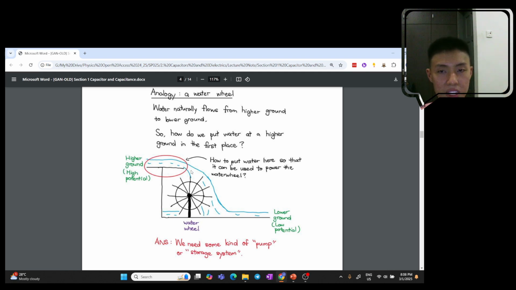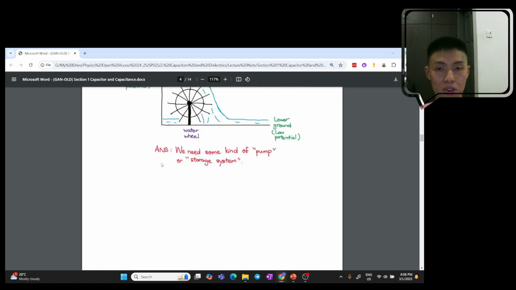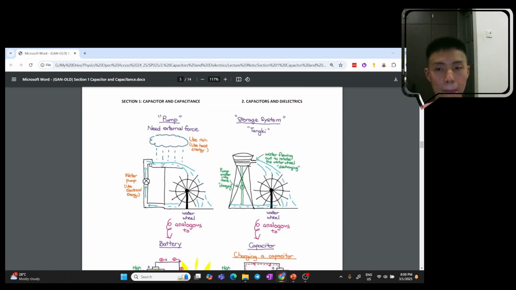How do we bring this water, which naturally flows to the lower ground, up to the higher ground? That's where the electric water pump comes in. You need a water pump to bring the water from a lower place to a higher place. So this pump here is analogous to a battery.